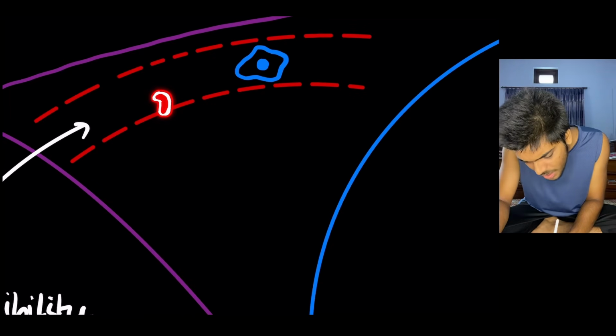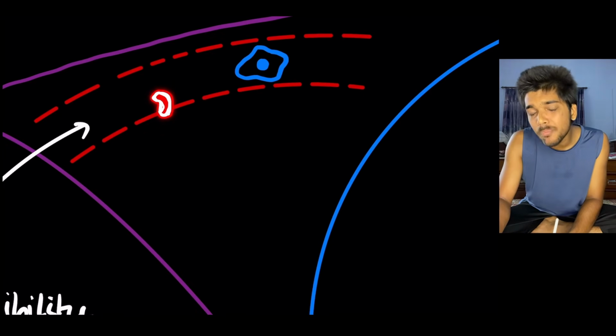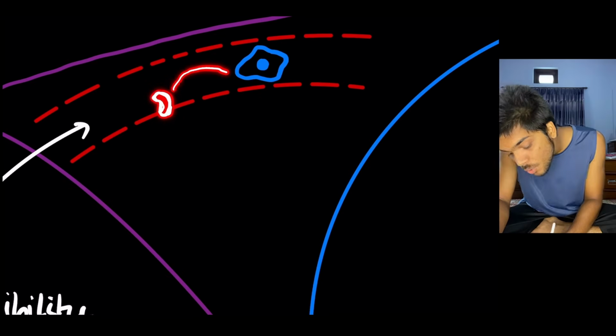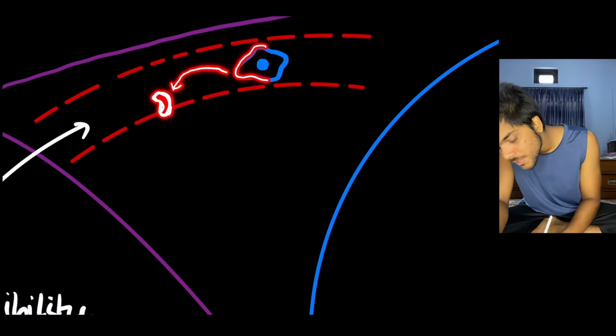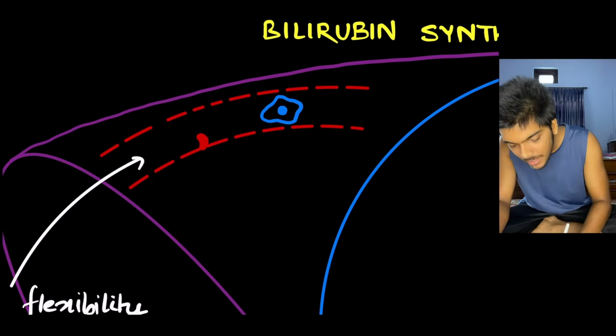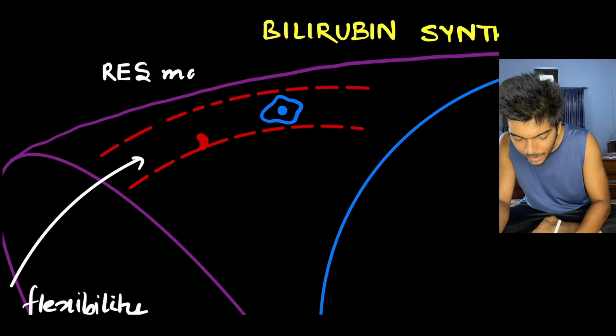Now this stuck or trapped old RBC that no longer has the properties of young RBC gets phagocytosed by the macrophage of your spleen. This macrophage is a part of the reticuloendothelial system macrophage.